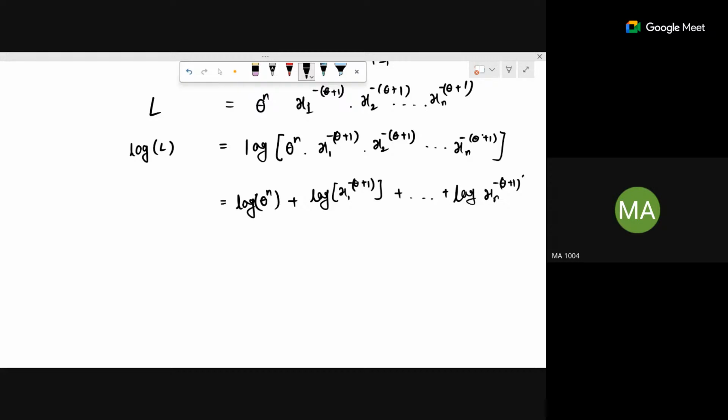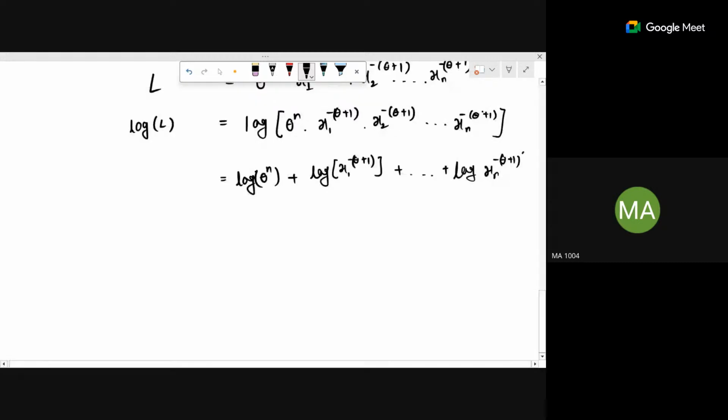And then, if these are the powers of terms, it will be nothing but n log theta. Then minus of theta plus 1 log of x1, and so on, minus of theta plus 1 into log of xn.